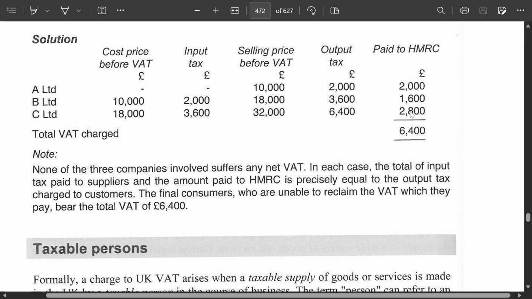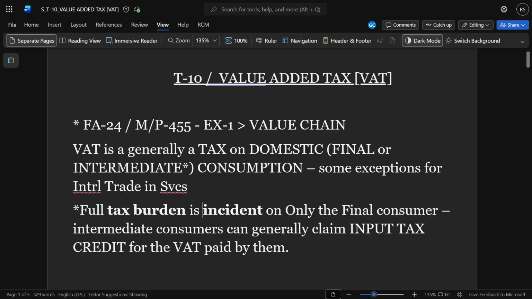Do you understand? So none of these guys, A, B, and C, none of these intermediate people in the value chain, are paying anything out of their own pocket. So that's what I mean by saying, who is the poor guy who pays the full tax and cannot claim anything? It's the final consumer. So the full tax burden, which is 6.4, is incident on the final consumer.